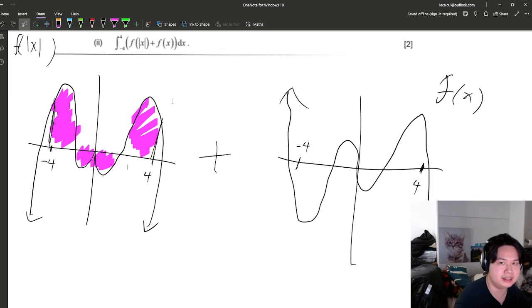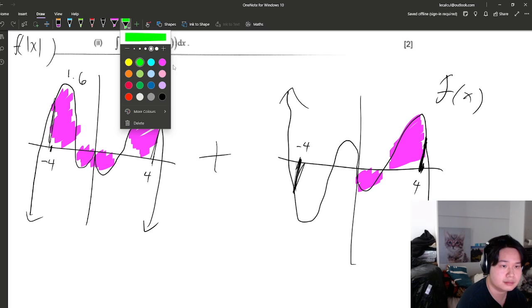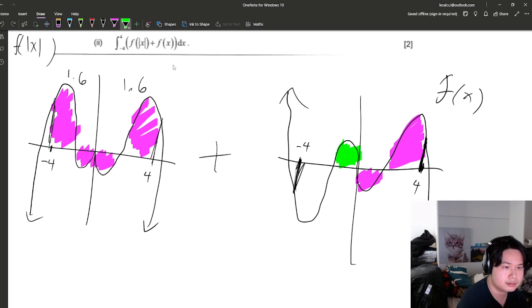What's nice about this though is that we already know what these are. This is 1.6 on the right side, and we also know it's 1.6 on the left side because it's symmetric. And then the one I was saying is cute is this one, which is kind of silly why they're asking you to do it. Because we talked about this earlier.